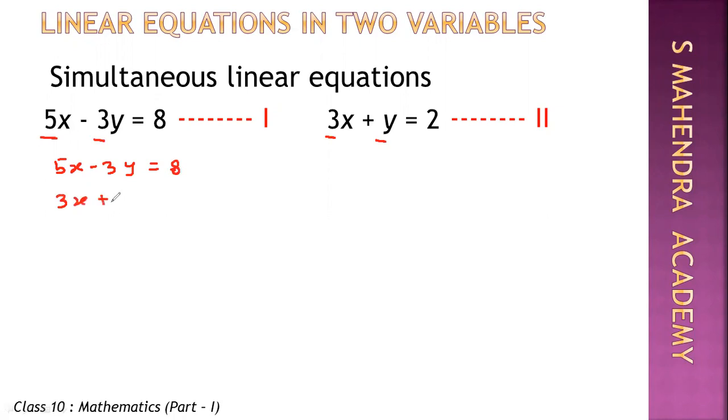3x plus y is equal to 2. This is equation number 1 and this is equation number 2. For eliminating the variable y, we have to multiply equation number 1 by the coefficient of variable y from equation number 2, and that is 1.